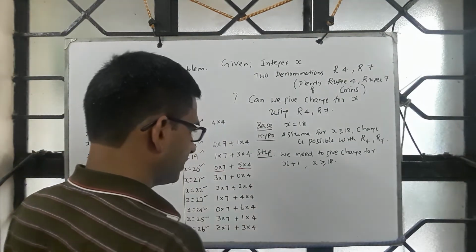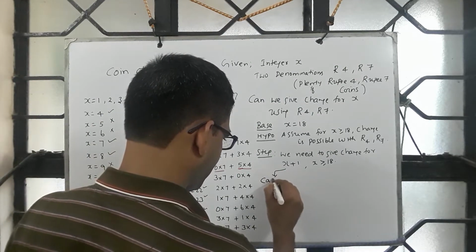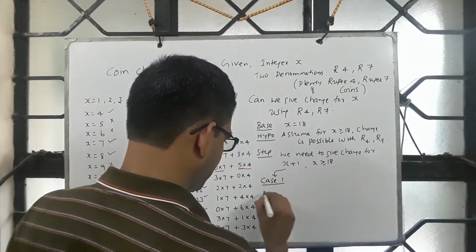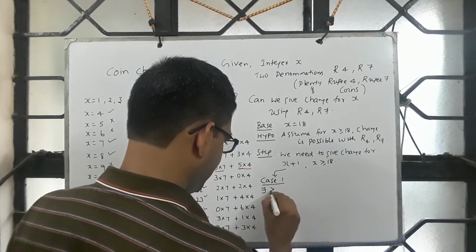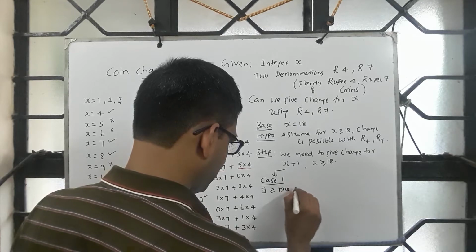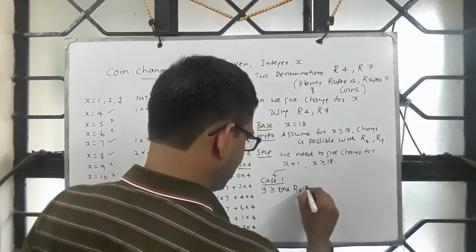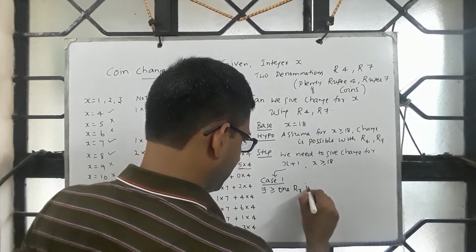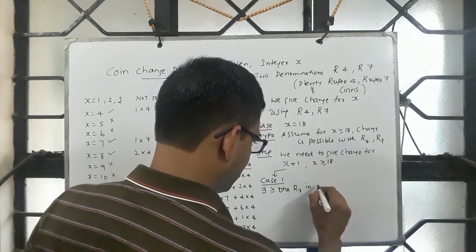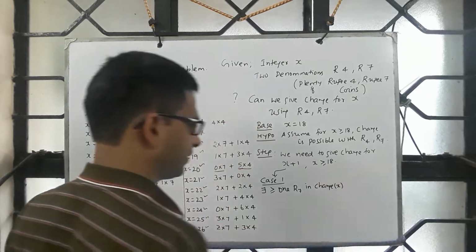So we have 2 phases to complete this argument. Case 1. There exists at least 1 rupee 7 in the change of x.